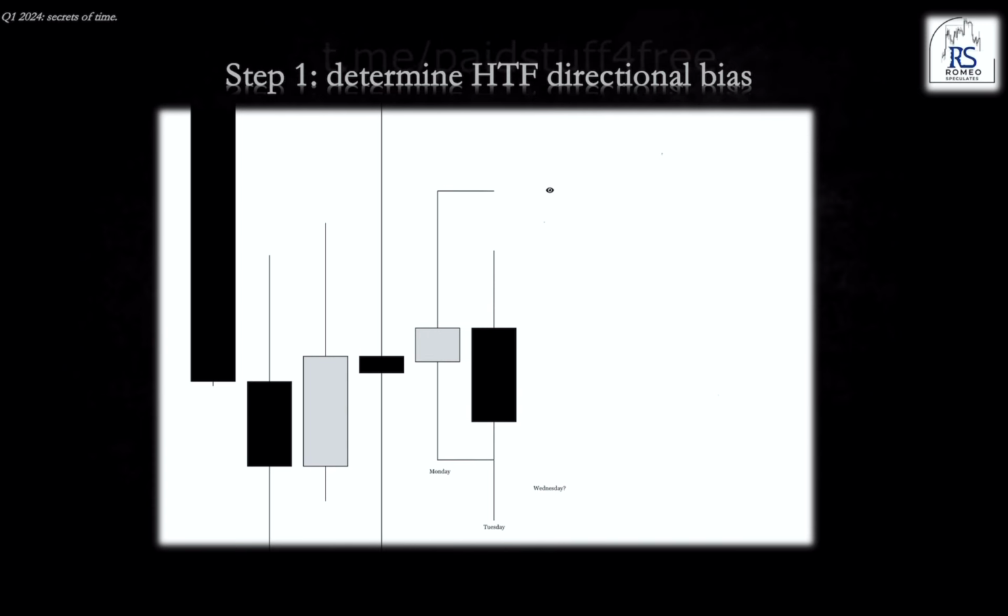Candle number 1, candle number 2. If candle number 2 has taken the low of candle number 1 and has not closed below it, then there's a high chance that it retraces to 50% of candle number 1 and 100% of candle number 1.